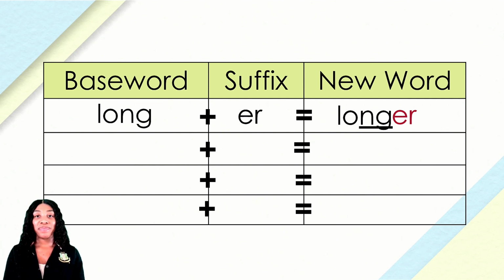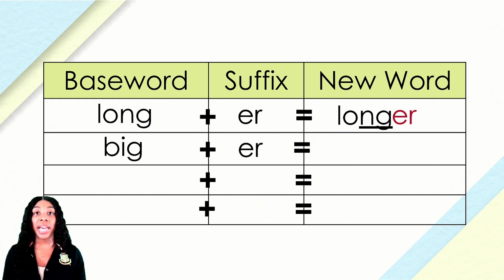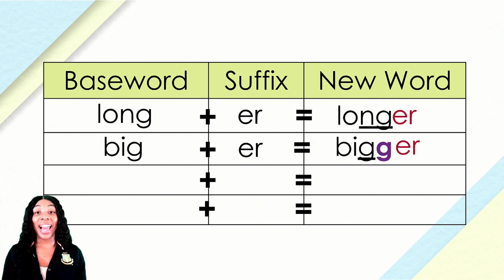Let's try another. Our base word is big. Our suffix is er. When we put these 2 parts together, what new word do we have? Bigger. Notice that adding a suffix changes the spelling of this base word. This is because there is only 1 consonant G before the suffix.